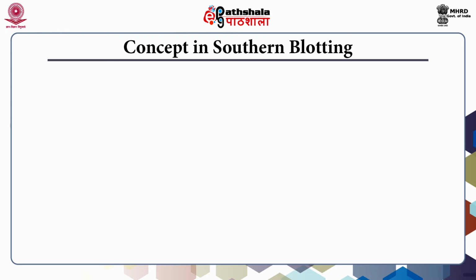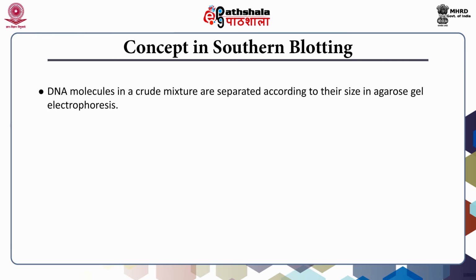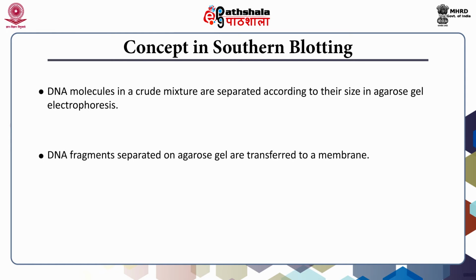In the first step, different fragments of DNA or RNA molecules present in a crude mixture are separated according to their size in agarose gel electrophoresis. Next, DNA or RNA fragments separated on agarose gel are transferred to a membrane. This transfer is achieved with the help of capillary action.